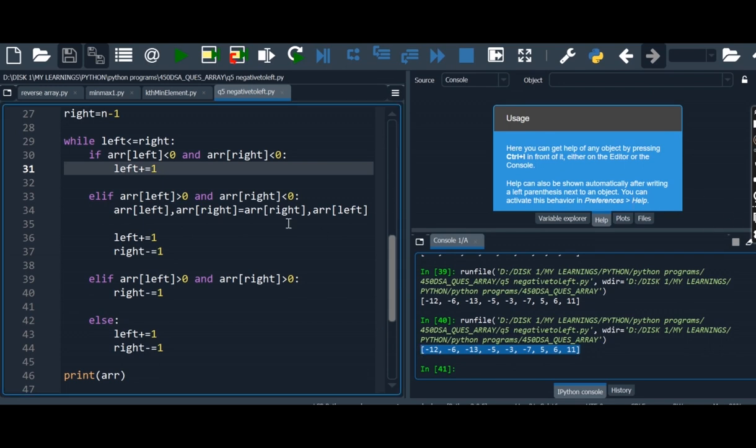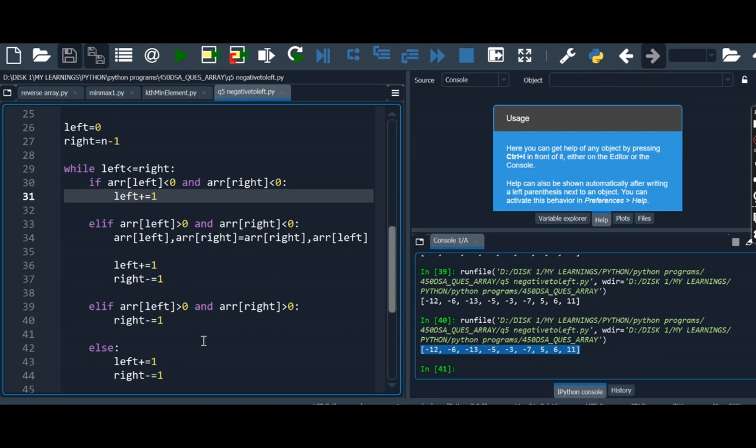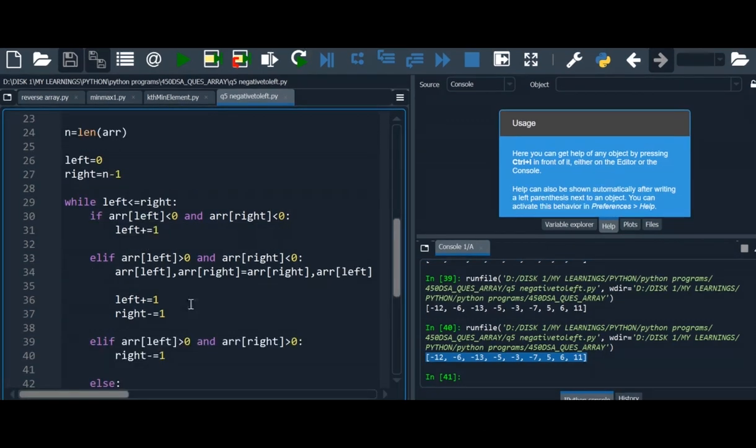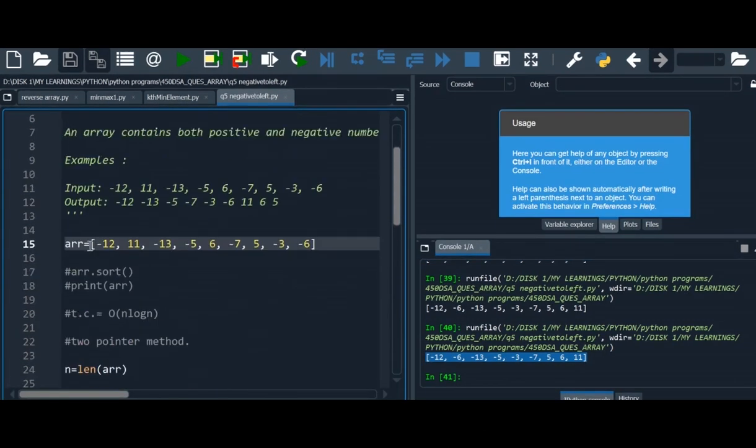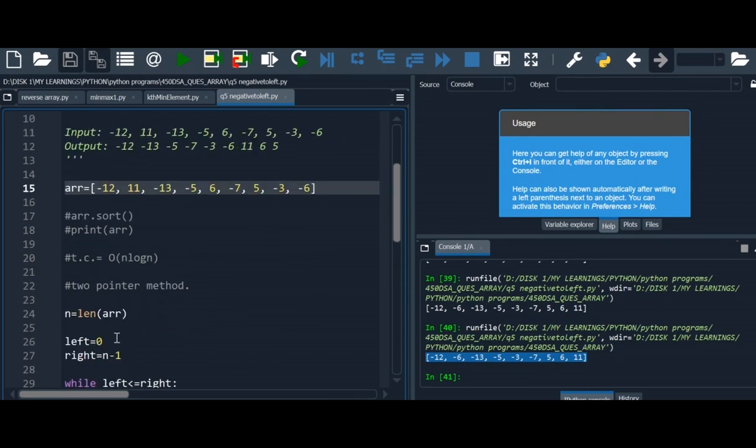So let's try to understand why we did this through this array only. For left, we have taken index 0, and right is index n minus 1. What is n here? 9. So n minus 1 is 8, which means this element.